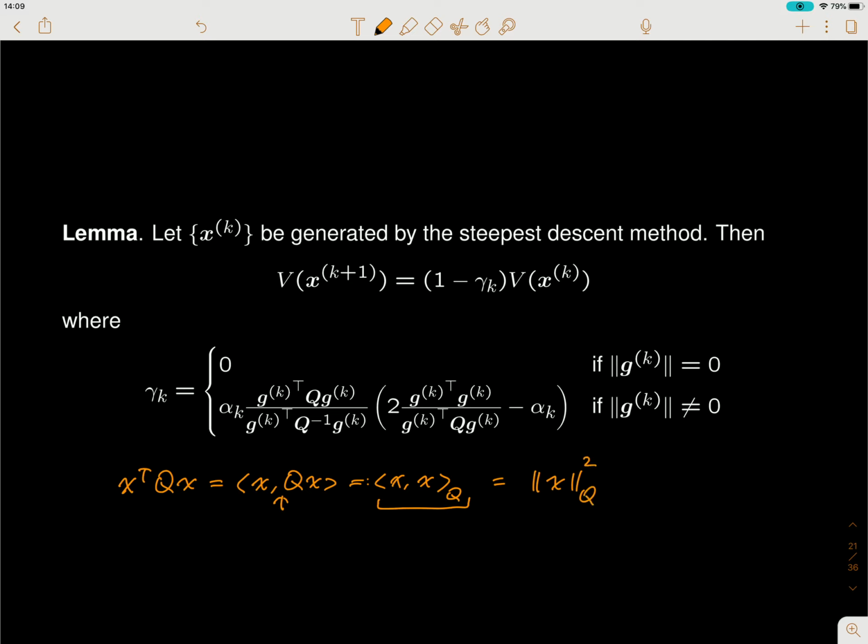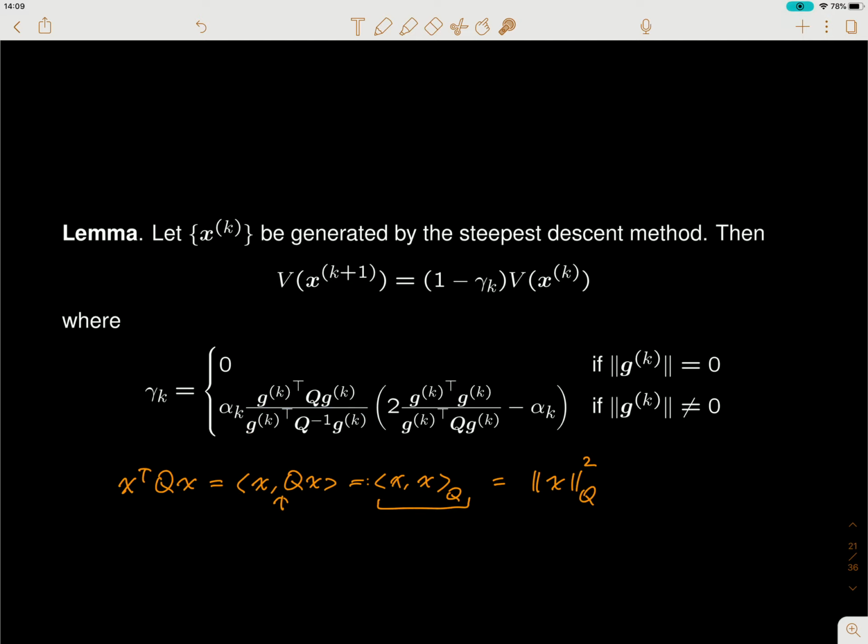A special case is that Q is just the identity matrix. In that case, you can see this whole thing is just the squared norm of x. If it's identity, then you just have the inner product of x with itself. In that case, it's just a standard norm. And similarly, we have this gk Q inverse gk. So that's using the Q inverse here, and also Q inverse here.